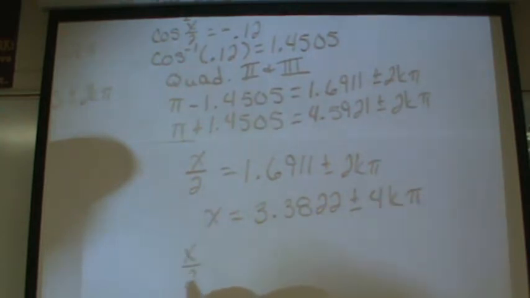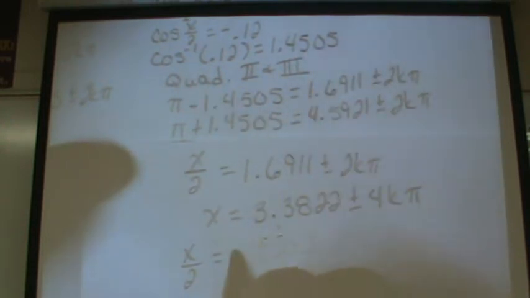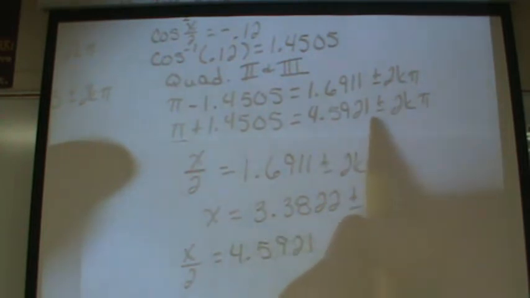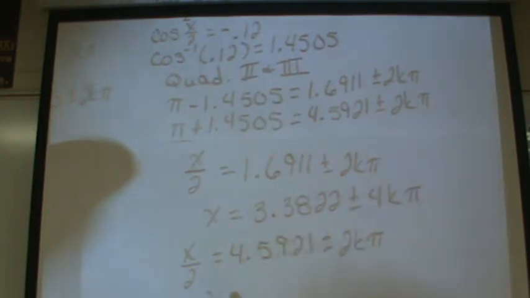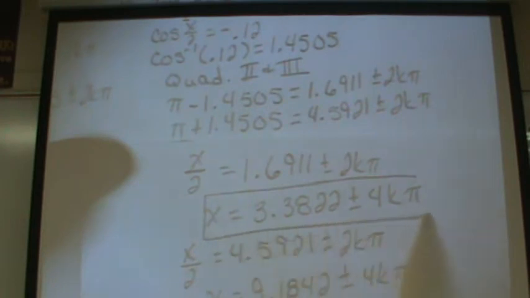And then setting x over 2 equal to 4.5921, that was our other value here, plus or minus 2k pi gives us x equals 9.1842 plus or minus 4k pi. So you get that answer, and you get that answer.